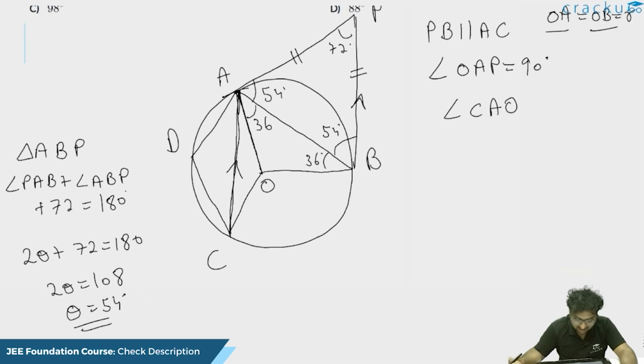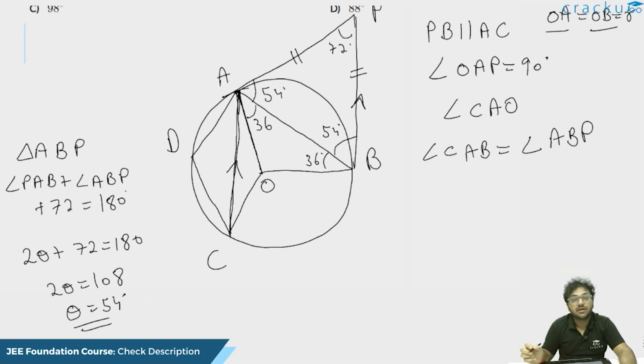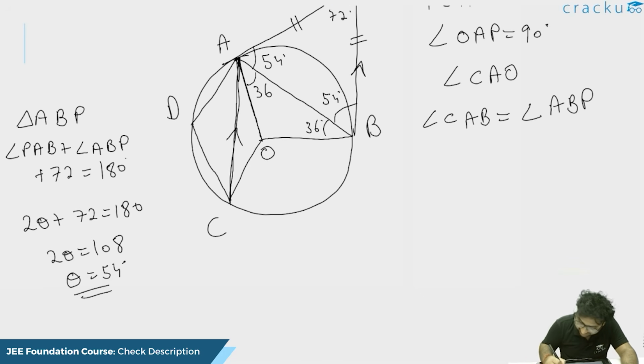Yes, we can. Why? Because if you see carefully, angle CAB is equal to angle ABP. Why? Because they are forming alternate angles, a Z formation.